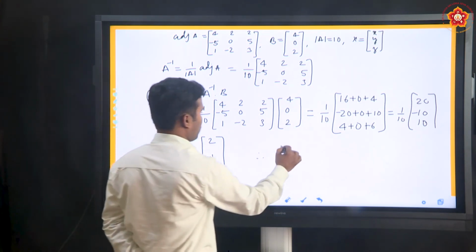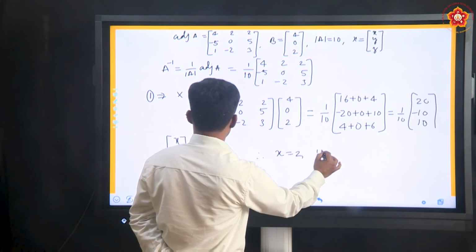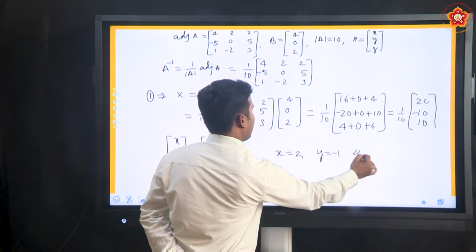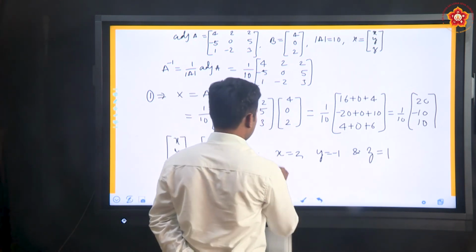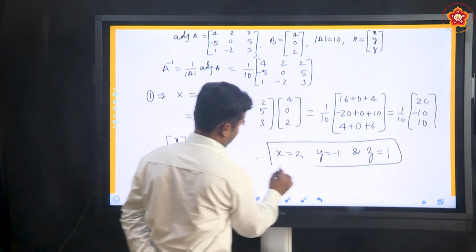X is equal to 2, Y is equal to minus 1, and Z is equal to 1. These are the values of X, Y, Z.